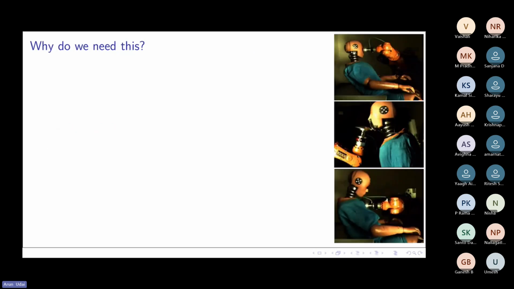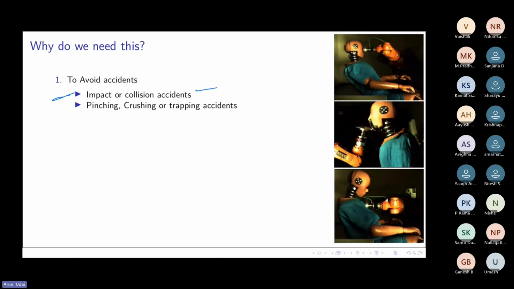Why do we need it? First of all, to avoid accidents, as we have seen just now, due to impact, collision, pinching, crushing, or trapping. These are a few ways in which a robot can kill a person. There are a lot of accident reports, as I have shown you.